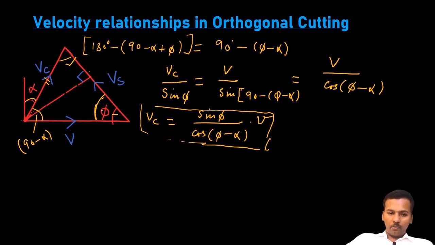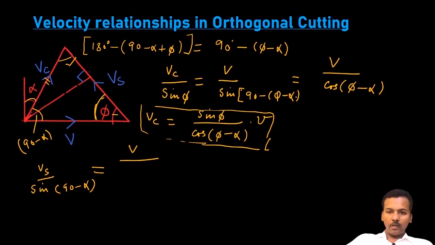Now next we have to calculate the relationship between Vs and V. So again same way you write Vs upon sine of the angle in front of this limb. So Vs upon sine 90 minus alpha equal to V upon again sine 90 minus phi minus alpha.